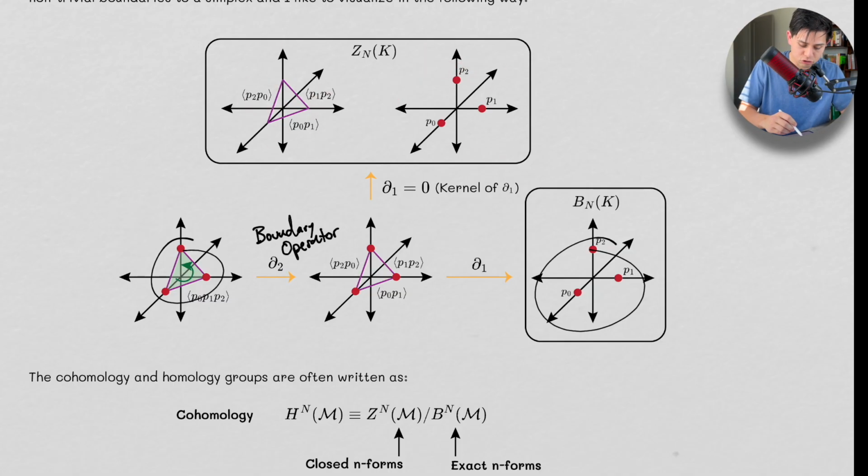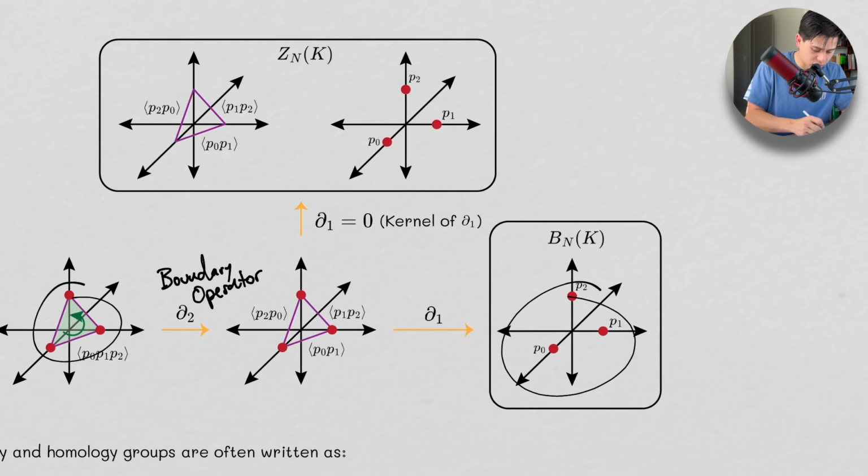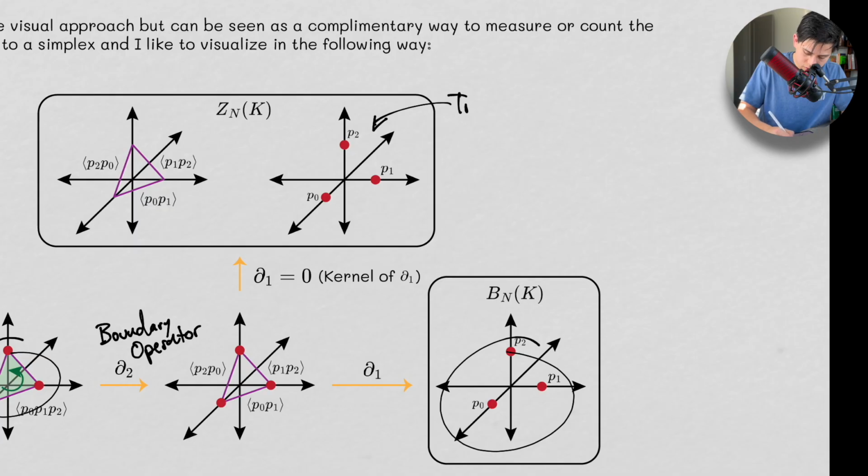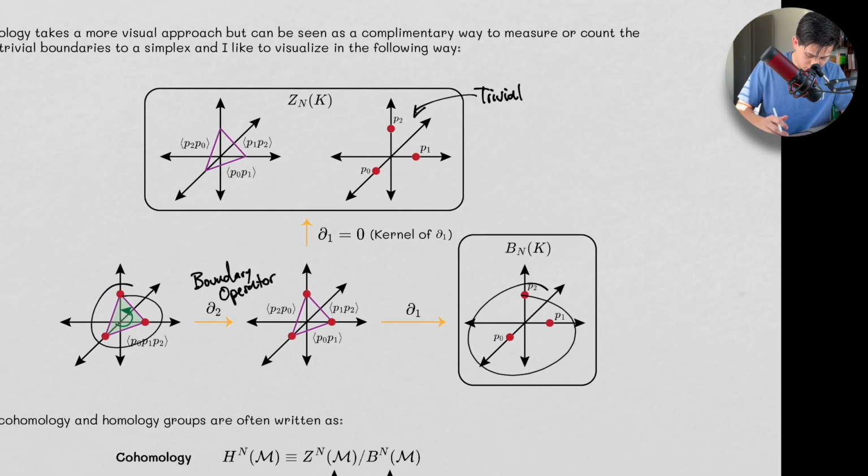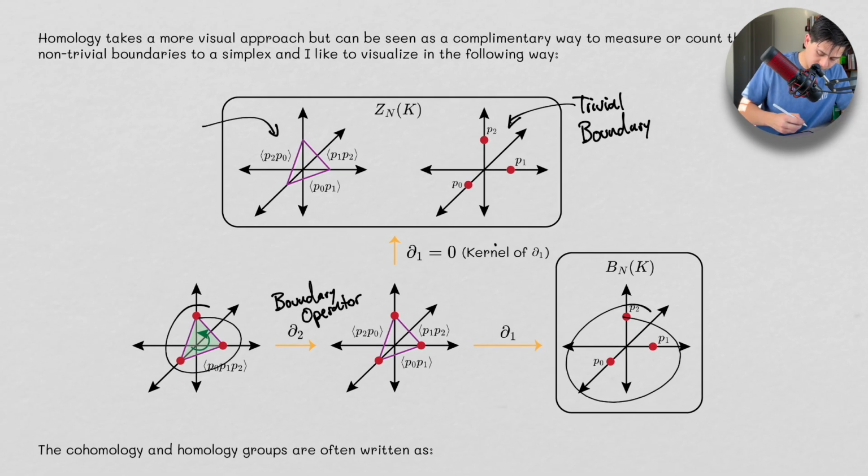So there's going to be, this is going to be like the trivial boundary. And this is sort of the untrivial boundary.